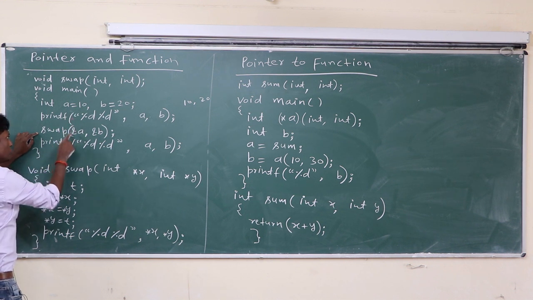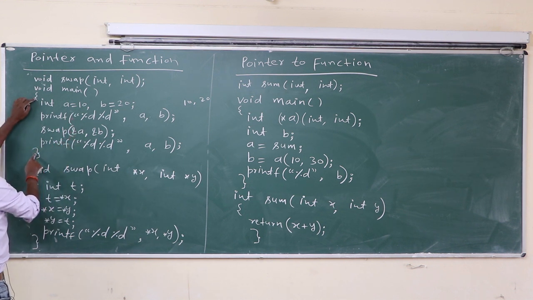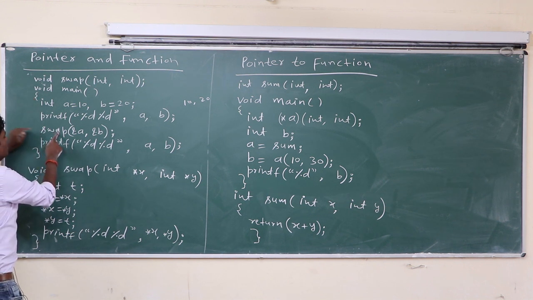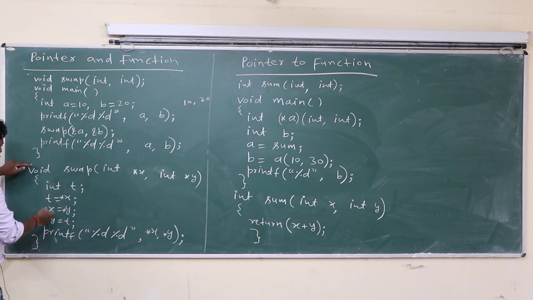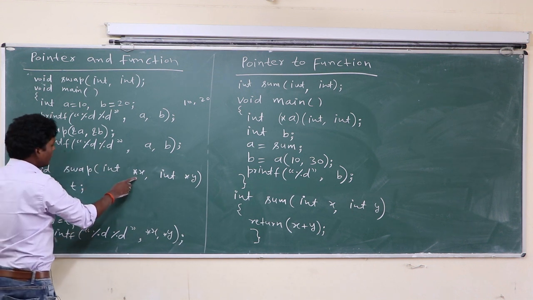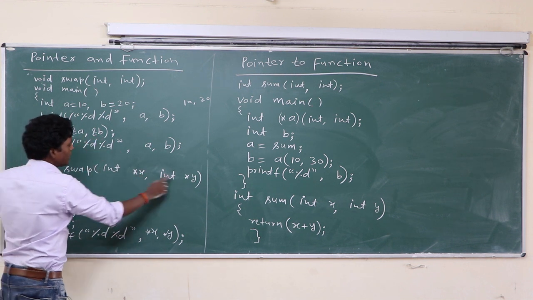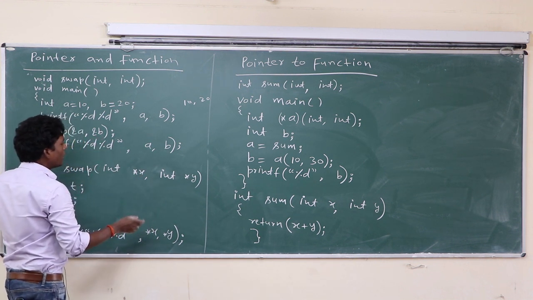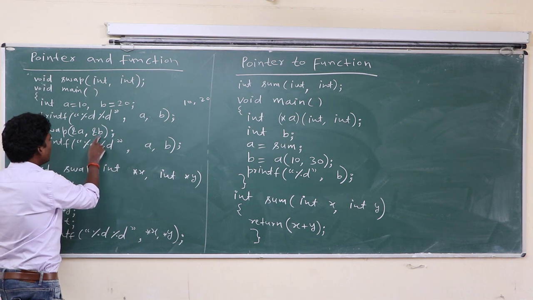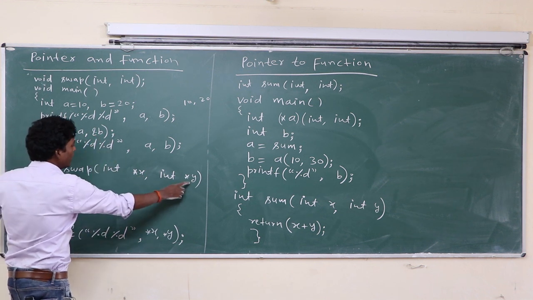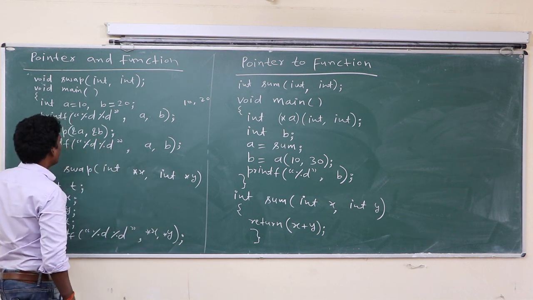When control comes to this line, the whole main function is temporarily suspended and the swap function is temporarily active. So control goes to the swap function. Here a and b are arguments, x and y are parameters, or you can say a and b are actual arguments, x and y are formal arguments.